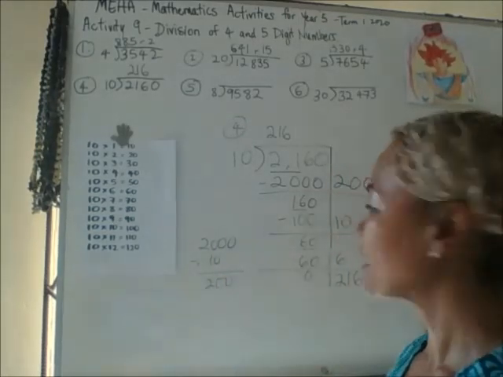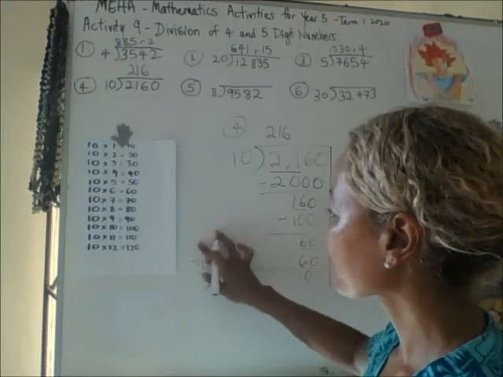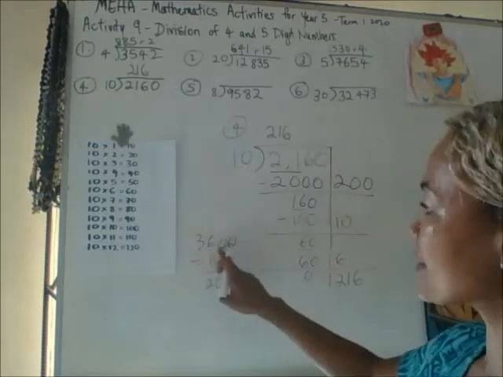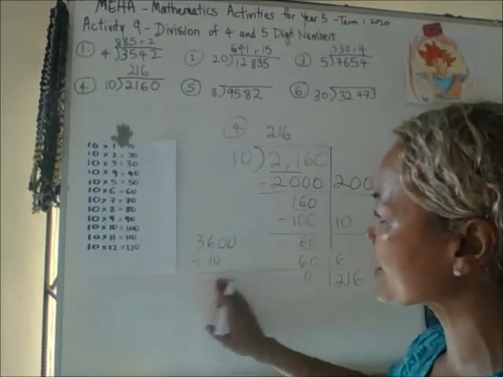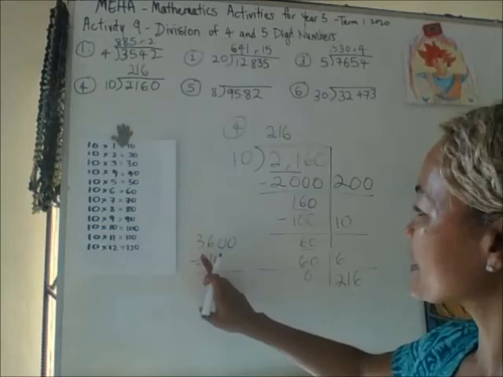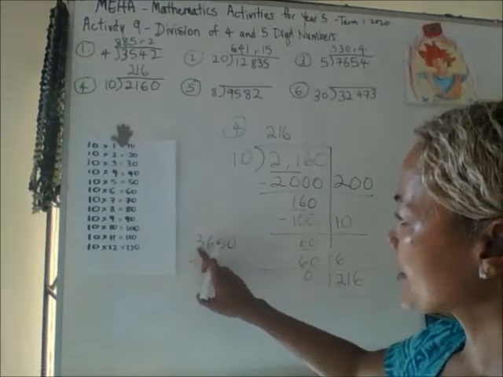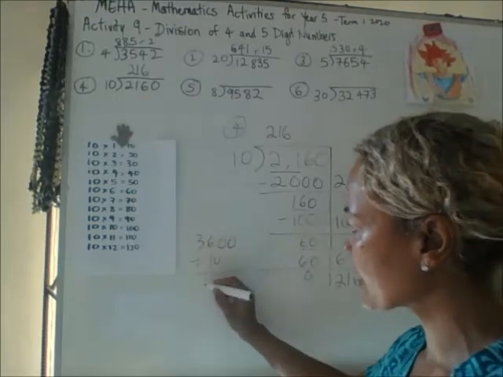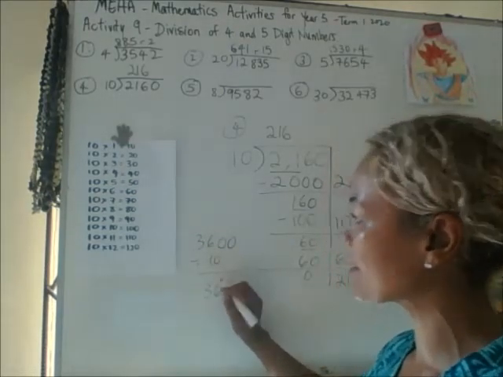Or say 3,600 divided by 10. What will the answer be? It's the same as 36 with the 0s, but 1 zero less. So 360. Answer is 360.